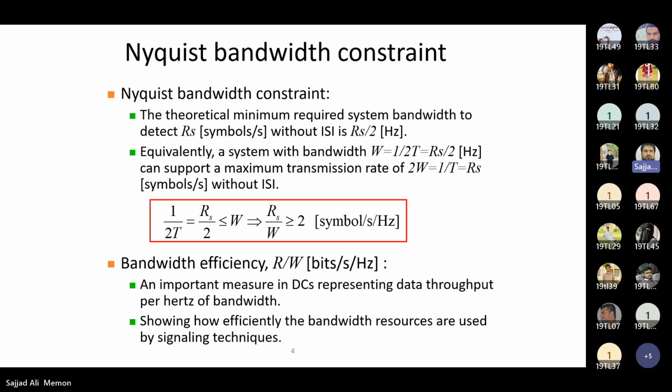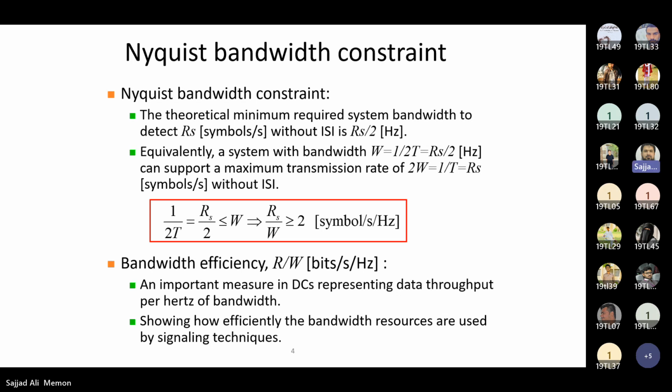Then one sample will be represented by 8 bits. So that will be 64 kilobits per second. To transmit 64 kilobits per second, we need at least 32 kilohertz bandwidth so that the signal can be transmitted without inter-symbol interference.